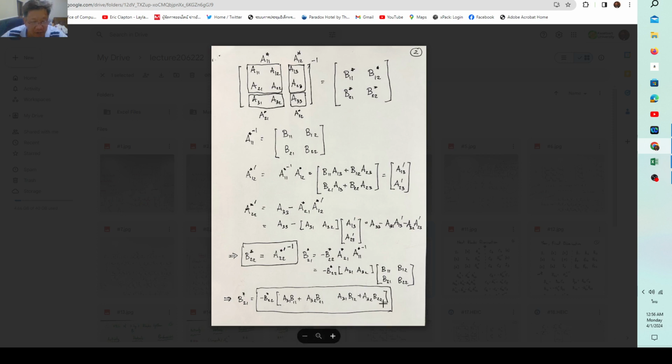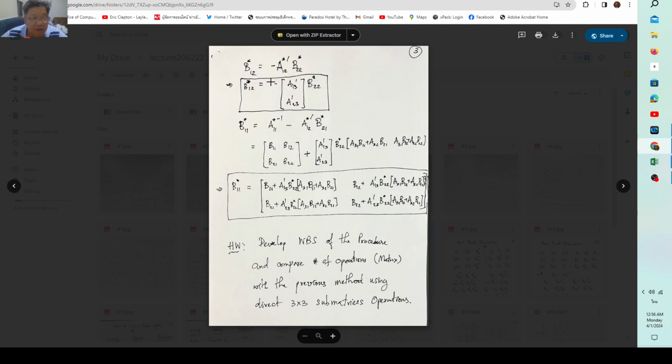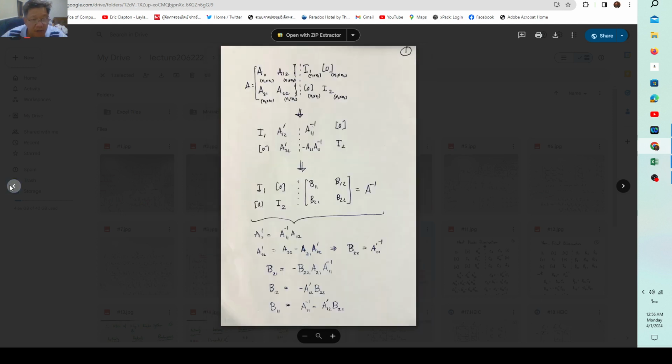This one is based on the matrix multiplication, and each of them is summed and multiplied by minus B22 star. So you get this B21 star. And then B12 star is, based on this formula, minus A12 prime times B22.